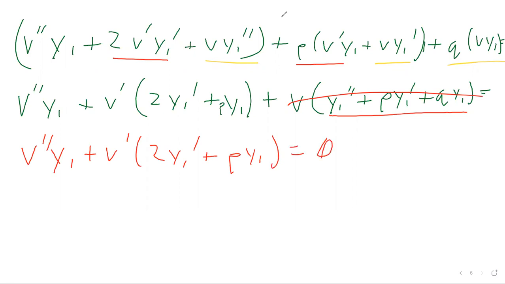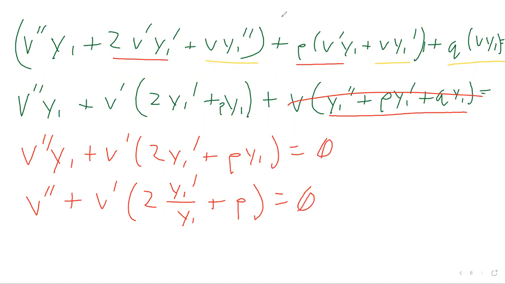So what we're left with is what I wrote on the other page. Now this is a second order equation because it has our v prime and our v double prime. However, if we do a little bit of adjusting, let's divide everything by y1 to get down to there.